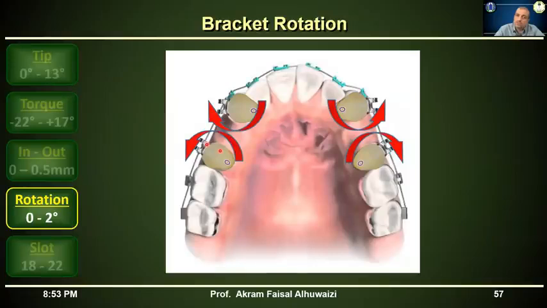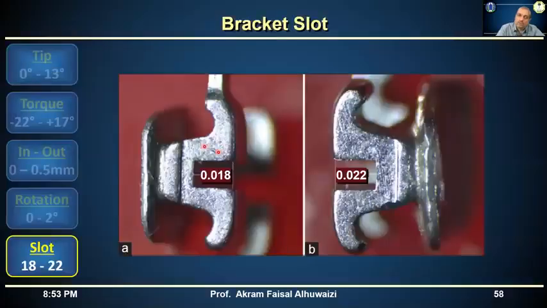It's going to rotate these teeth back to normal, and it's going to make it much harder for this canine to rotate in a mesiopalatal direction, just by positioning the bracket, instead of in the center, a little bit more distally. And here, instead of in the center, a little bit more mesially.